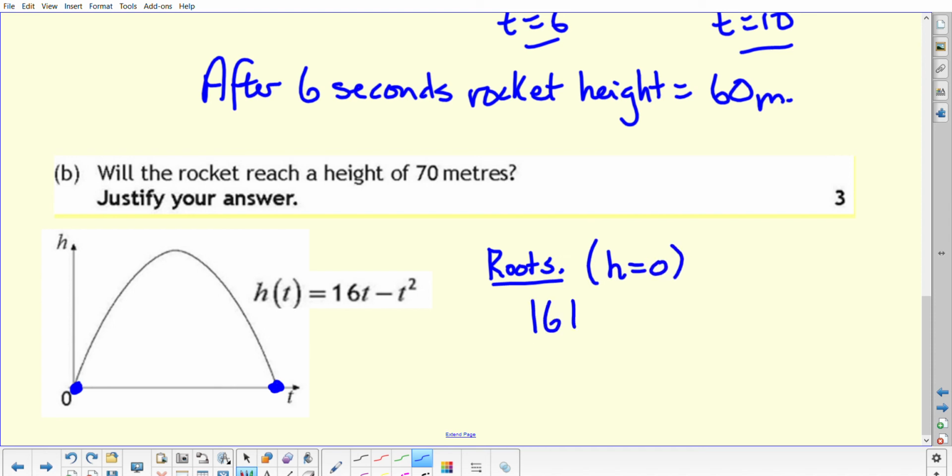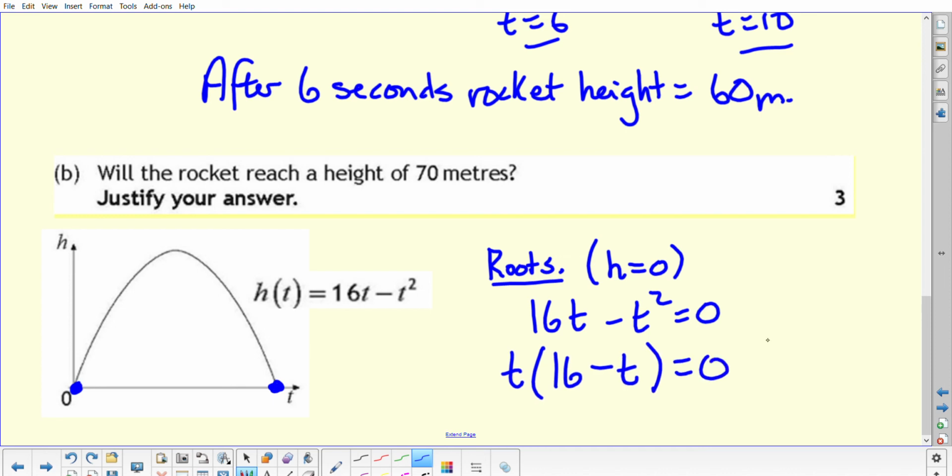So if I was solving 16t minus t squared equals 0, I'd be doing that by factorising. So I'd take out t as my common factor, so I'd have t times (16 minus t) equal to 0.